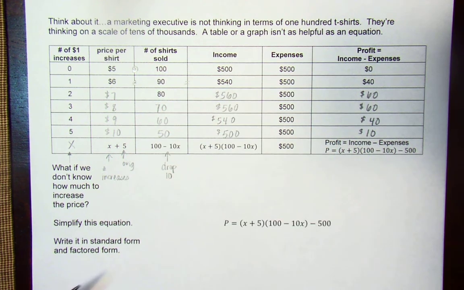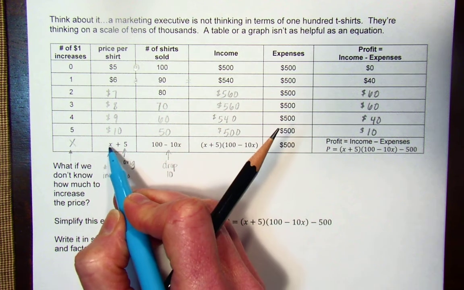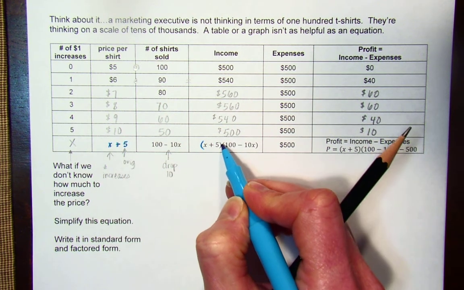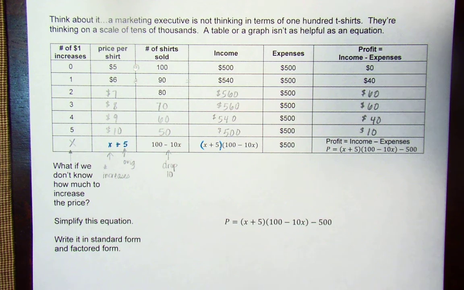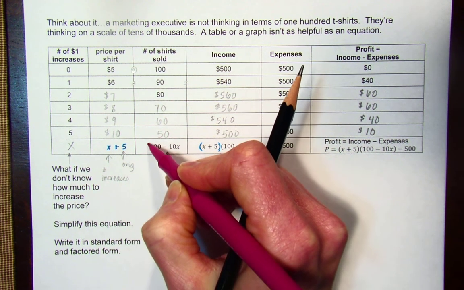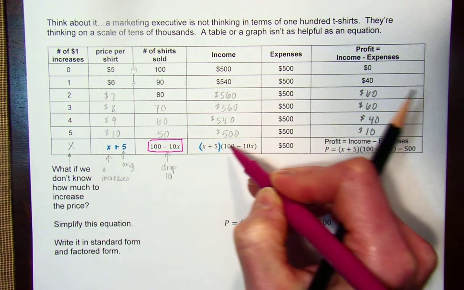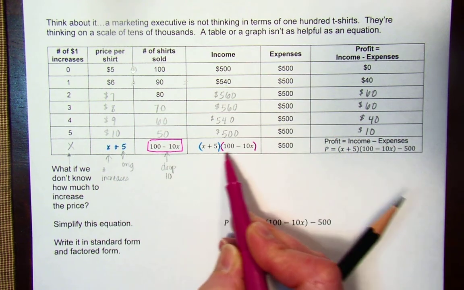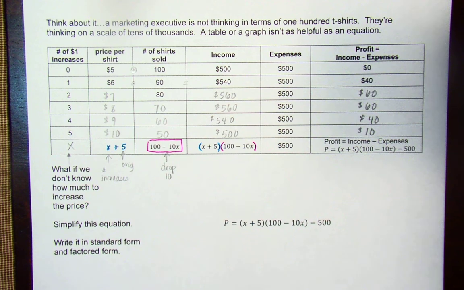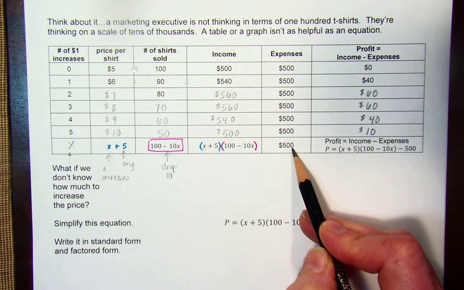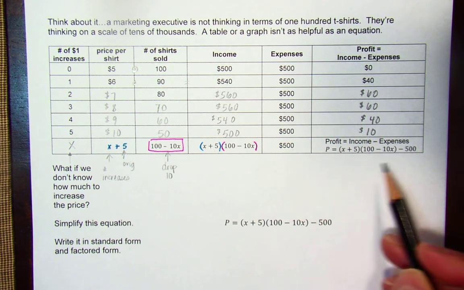In this case, I am going to take x plus 5, that is the price per shirt, and I am going to take 100 minus 10x, and that is the number of shirts that I've sold. The price per shirt times the number of shirts sold tells me what my income is going to be. If I take the income and I subtract the expenses, I get my profit.